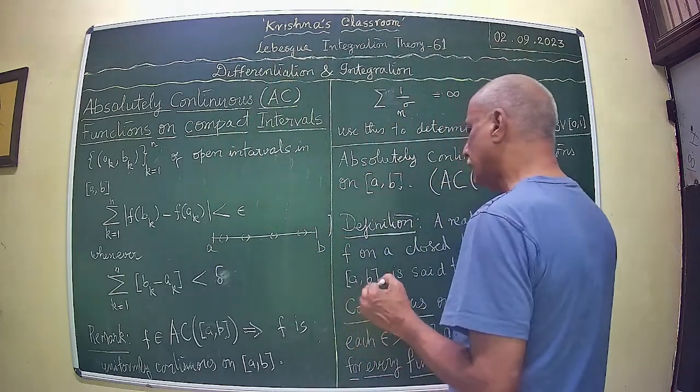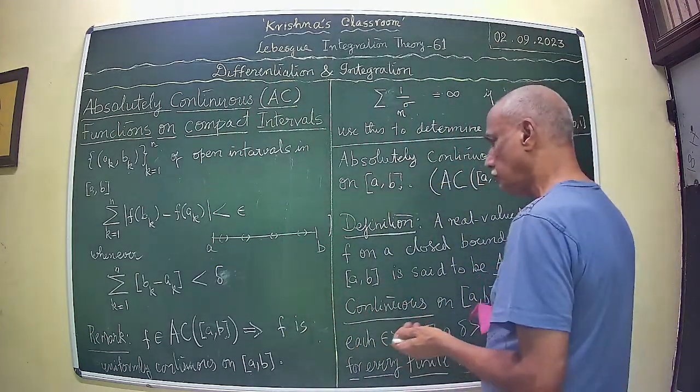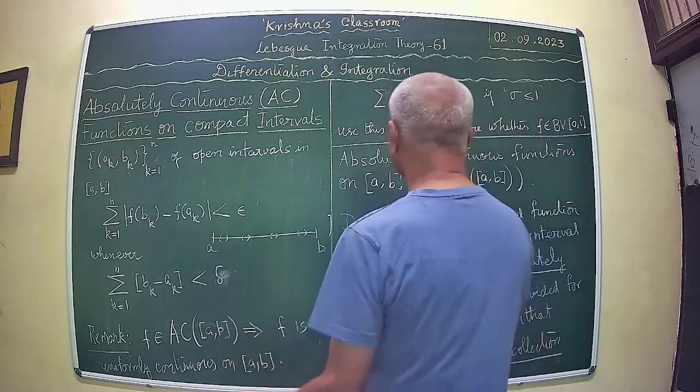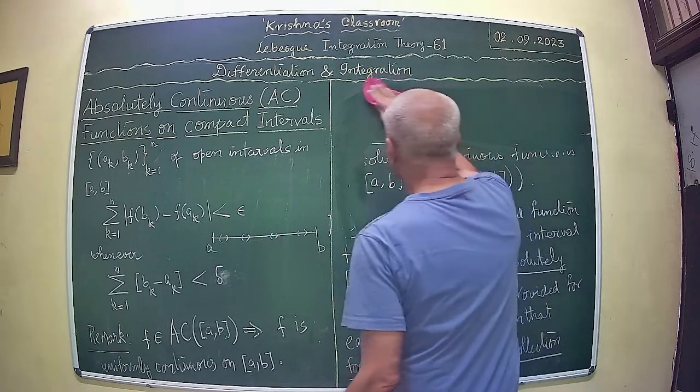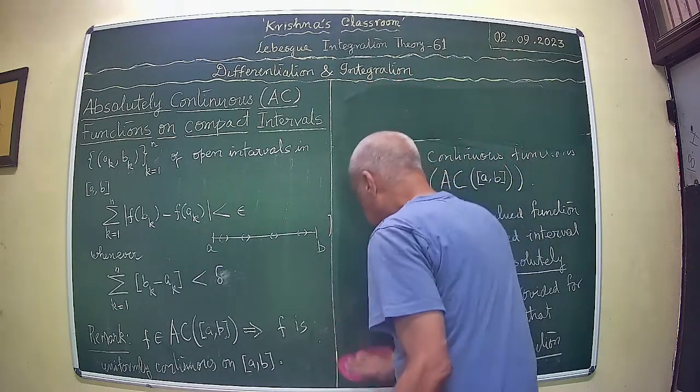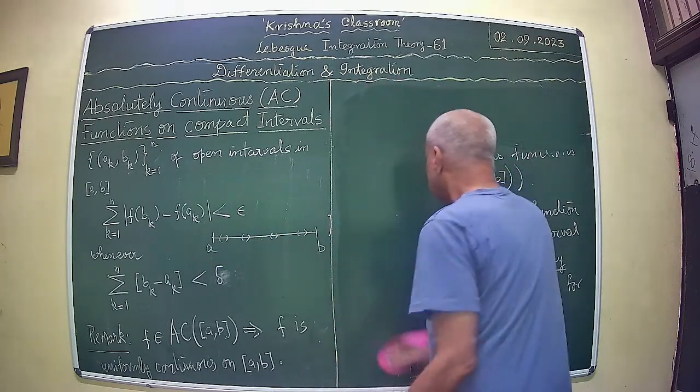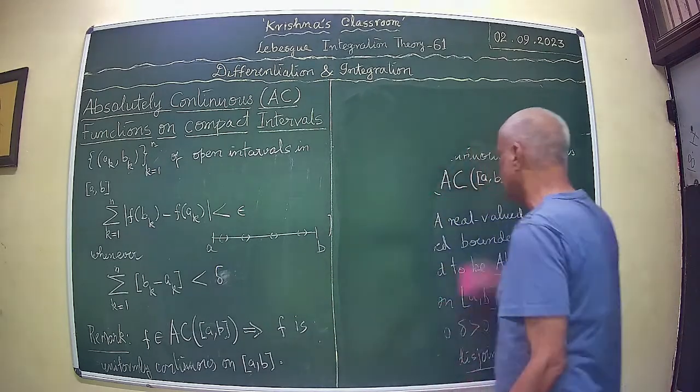Now we give an example. We said that f absolutely continuous implies f is uniformly continuous.